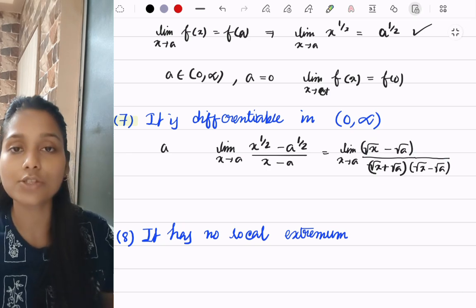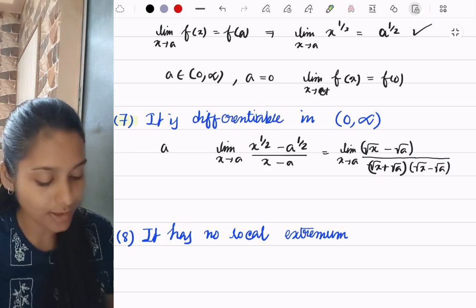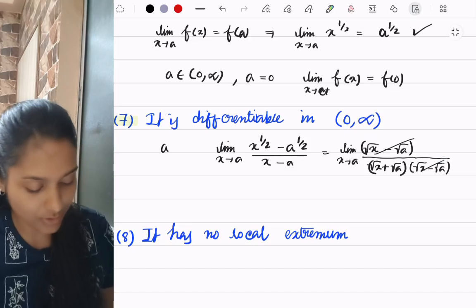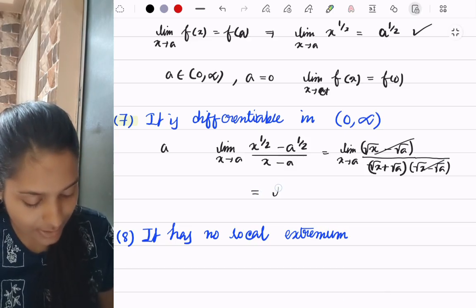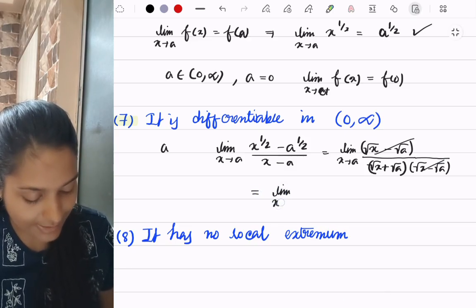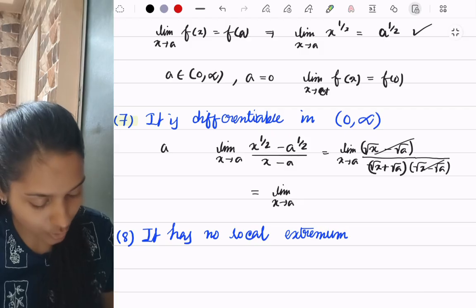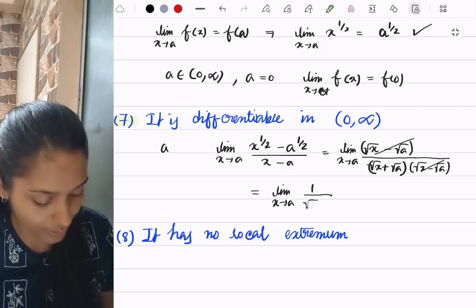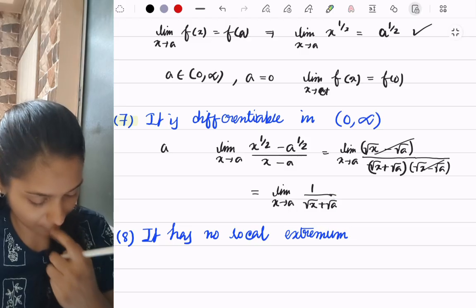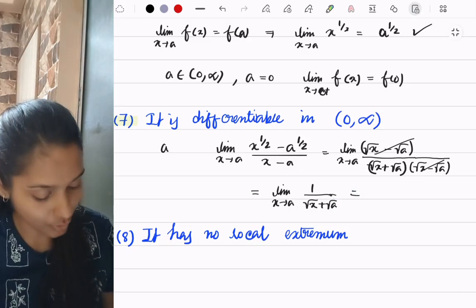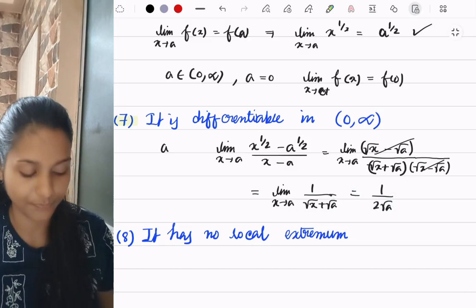So as x tends to a, x not equal to a, so we can cancel these out, and we will get limit x tends to a, 1 by root x plus root a, which gives 1 by 2 root a.